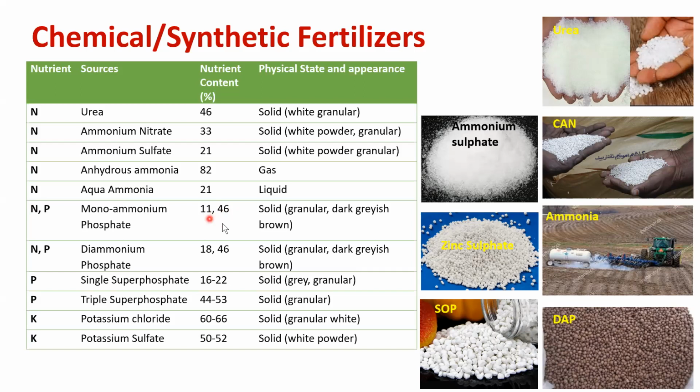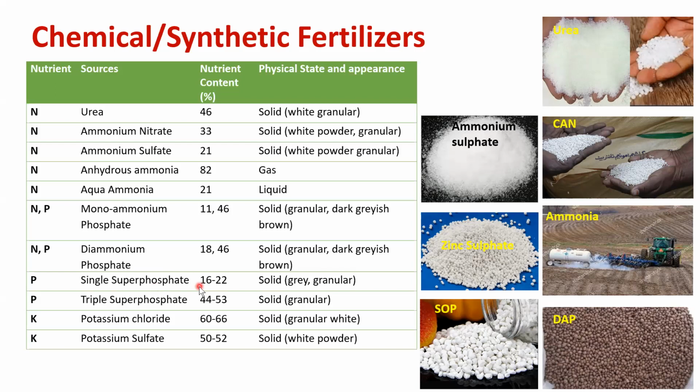Monoammonium phosphate has 11% nitrogen and 46% phosphorus, which is a major source. The description is given here: it has a relatively darker grayish color, as you can observe. Diammonium phosphate is solid, granular, dark grayish, and has 18% nitrogen. Sorry, this is DAP, not MAP. MAP has 11% nitrogen, as I mentioned earlier.